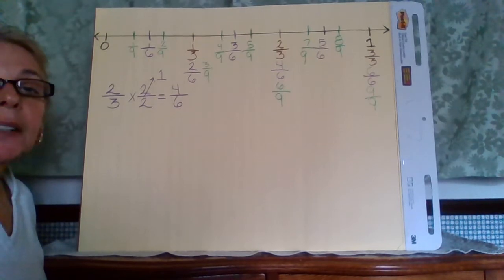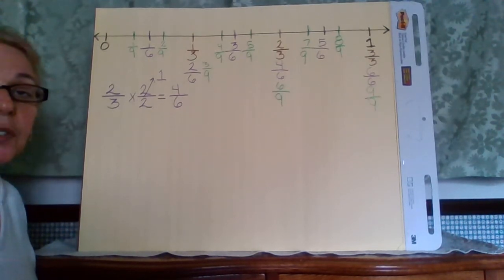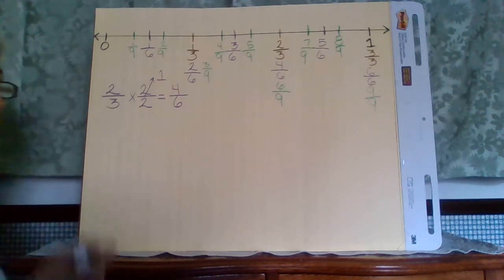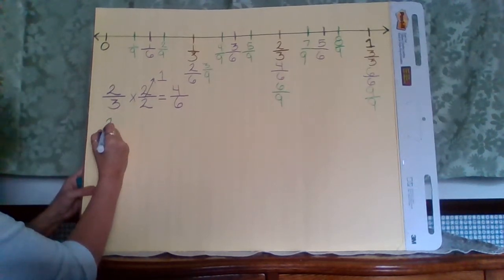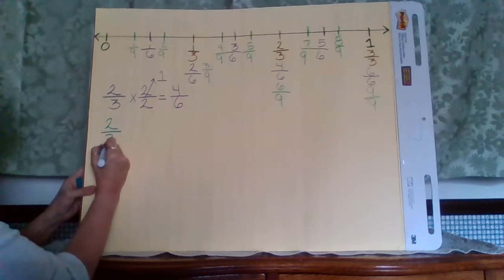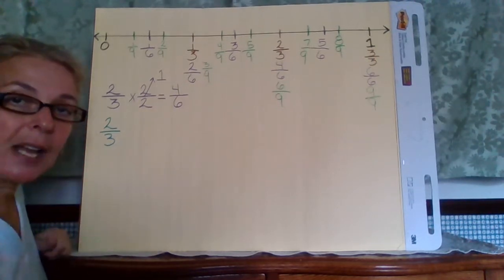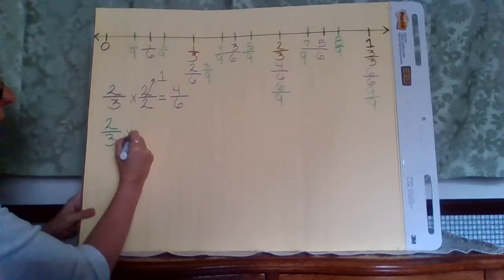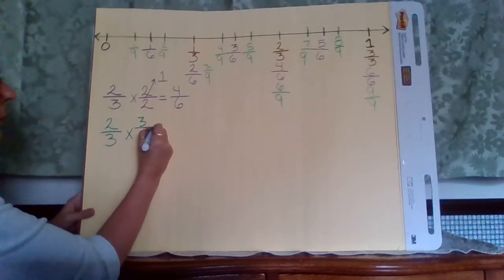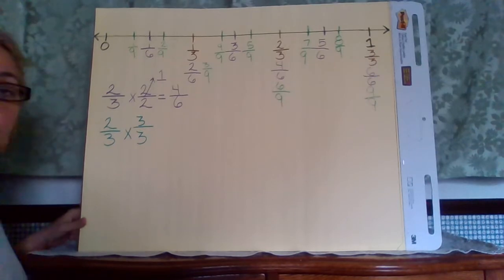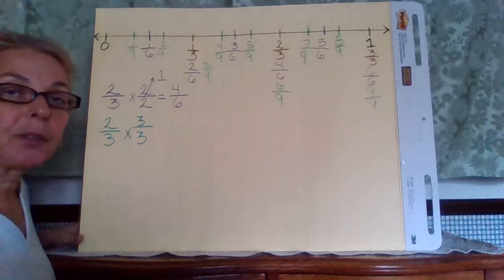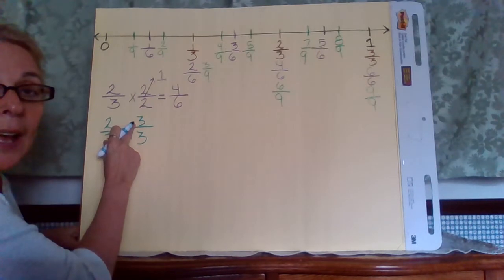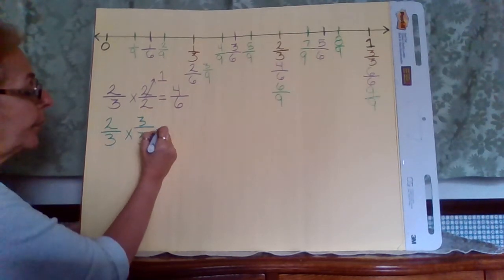How would we do that calculation if we wanted to now find an equivalent fraction for 2/3 that has 3 times as many parts on my number line? So now I'm going to multiply my numerator and denominator by 3 because I'm tripling the number of parts that I have in my numerator.